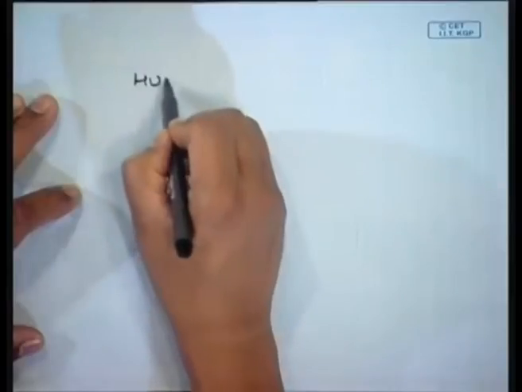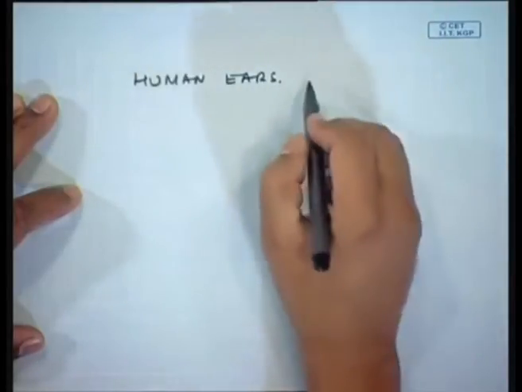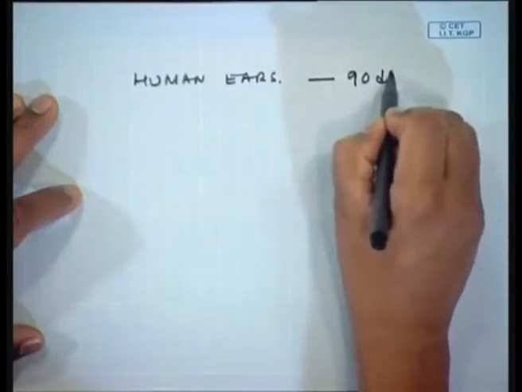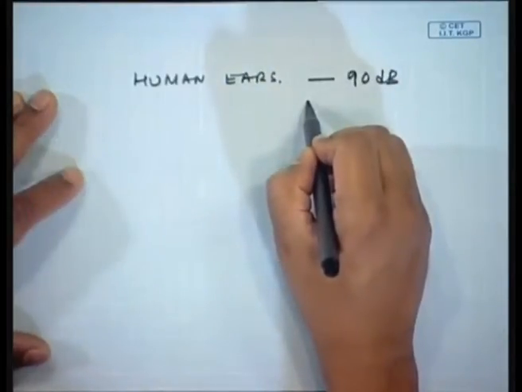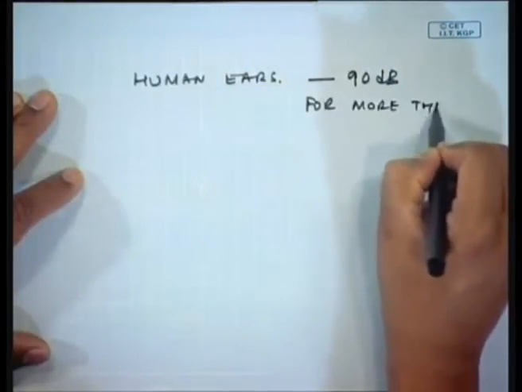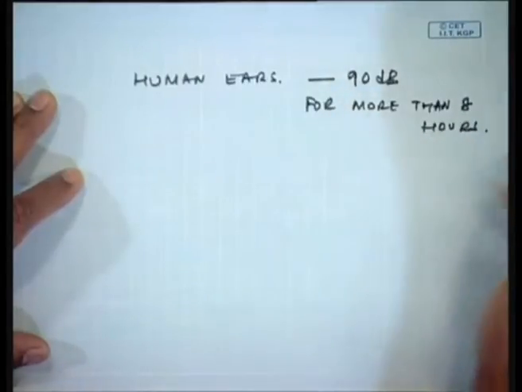Now, coming back to our discussion on sound pressure level. We have just talked about the magnitude of the pressure, and human ears can withstand not more than 90 decibel, and that too is recommended for not more than 8 hours. In fact, in this room while I am talking, it is a very quiet studio.